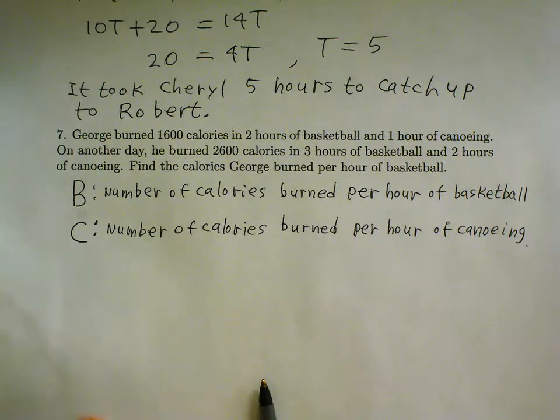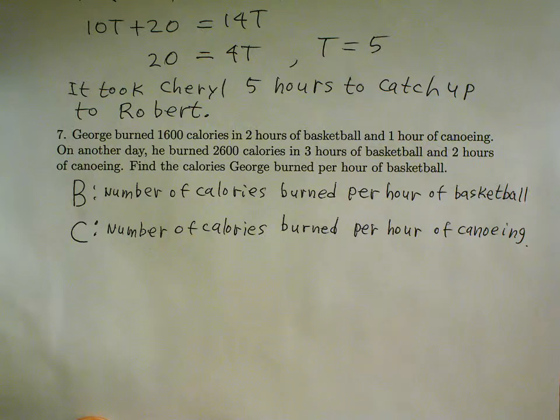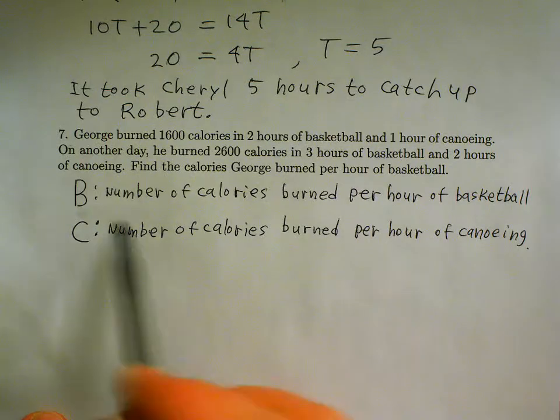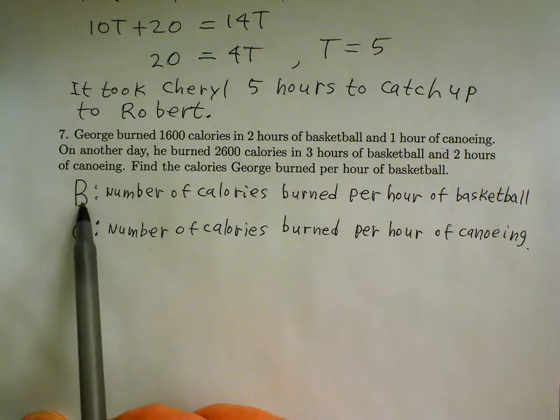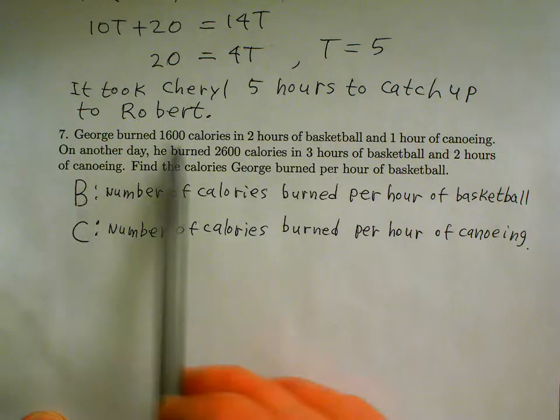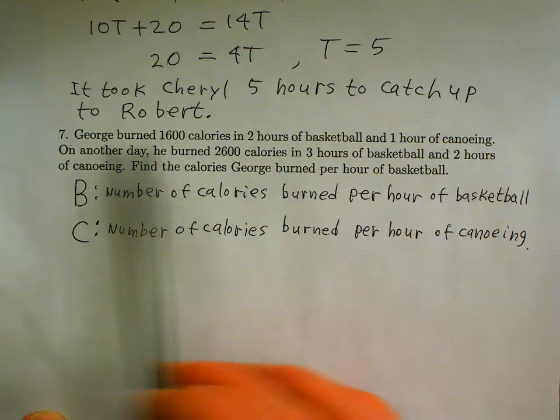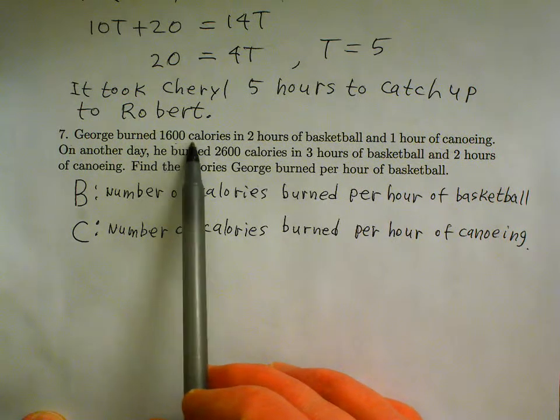So how did we get that? We multiplied the rate, 100 calories per hour, times the number of hours to find the total number of calories. Okay, so that's what we're doing here. In the first sentence, George burned 1,600 calories.